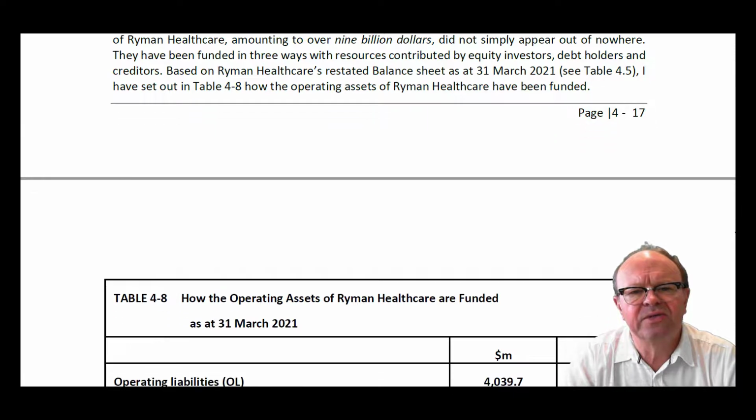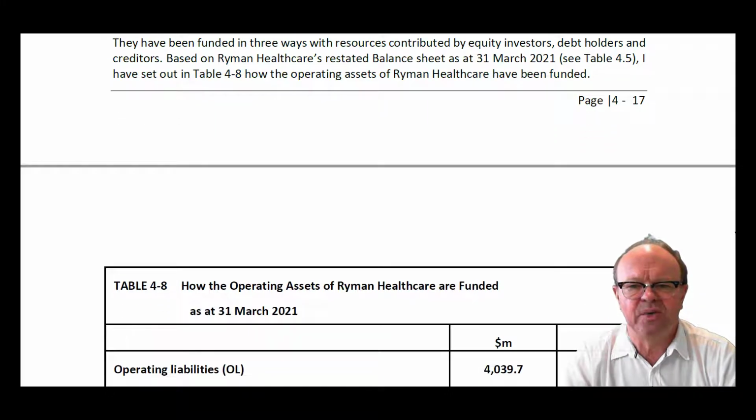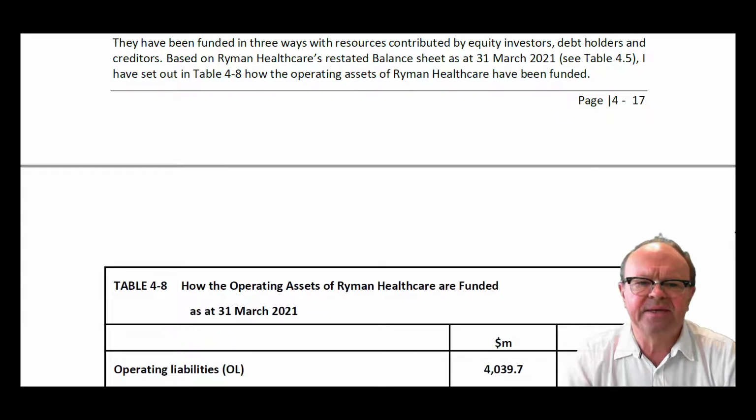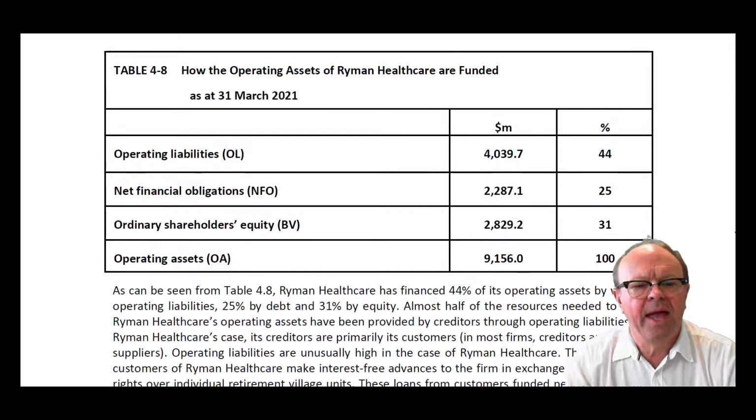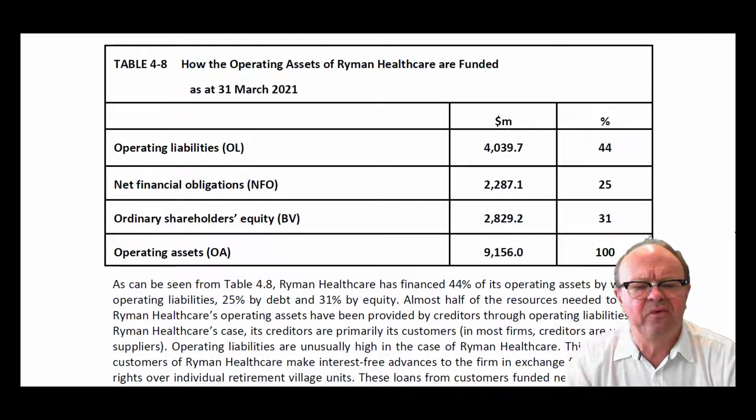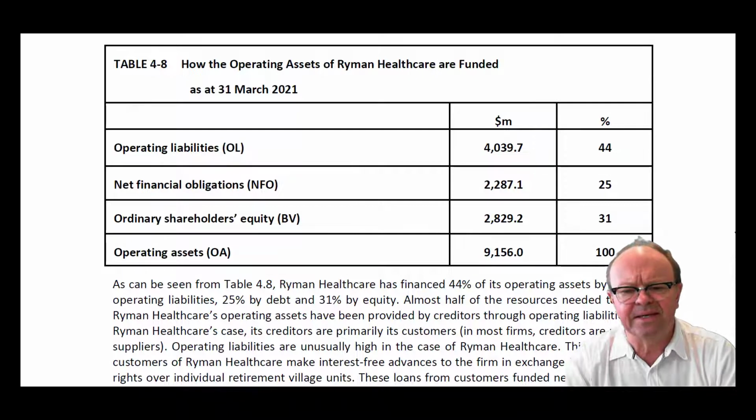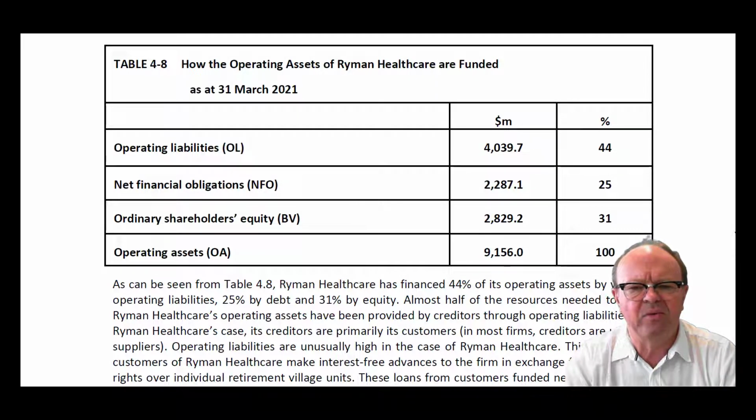Based on Ryman Healthcare's restated balance sheet as at 31 March 2021, see Table 4.5, I have set out in Table 4.8 how the operating assets of Ryman Healthcare have been funded. As can be seen from Table 4.8, Ryman Healthcare has financed 44% of its operating assets by way of operating liabilities, 25% by debt, and 31% by equity.